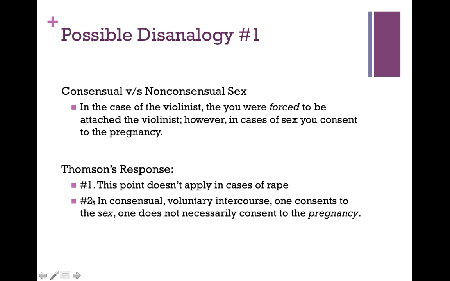But then she also says that it doesn't hold generally because in consensual voluntary intercourse, one consents to the sex and one doesn't consent to the pregnancy. My response, right down here at the bottom, is that I think Thomson's right about her first point. I'm skeptical about her second point. The reason I'm skeptical is that the issue of consent seems to be a red herring. It's irrelevant. What's important is that you cause this certain outcome, or you initiate a causal sequence that led to it, with the full foreknowledge that it could occur.